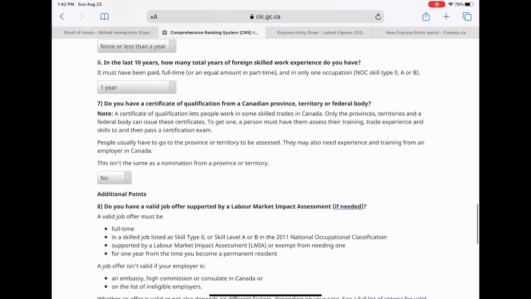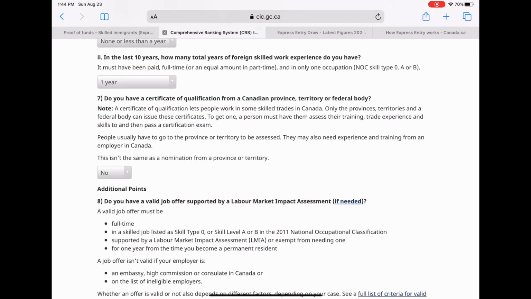Okay, seventh one. Do you have a certificate of qualification from a Canadian province, territory, or federal body? Well, that's a certificate that you get for some skilled trades. For example, journeyman, let's say if you have a certificate for plumbing or electrical work from any of the provinces, then that's good too, because you will get more points.